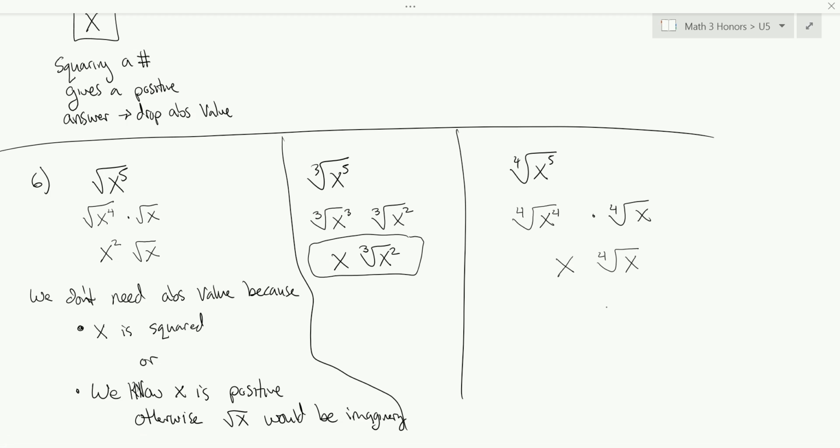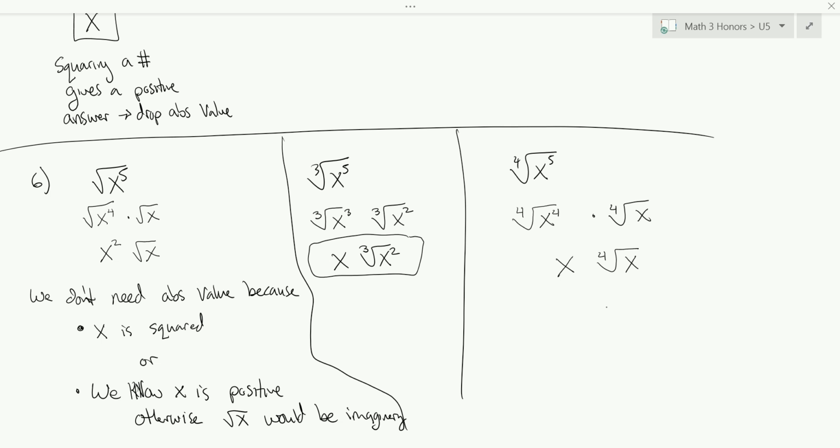This argument says, does x have to be positive in this problem? Because if x were negative, then I'd have a problem here. Because I'd be taking the fourth root of a negative number, and that would lead to an imaginary answer. And so because of this, I know x is positive, so I don't need the absolute value.